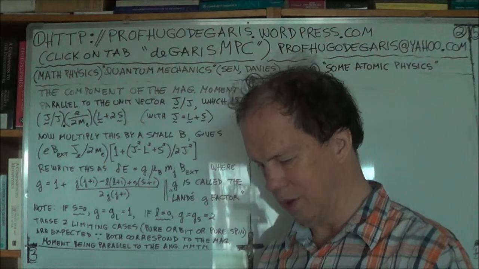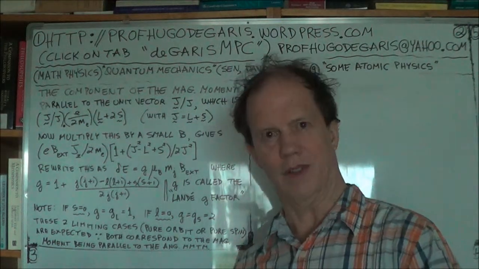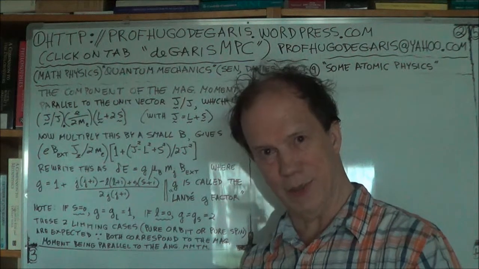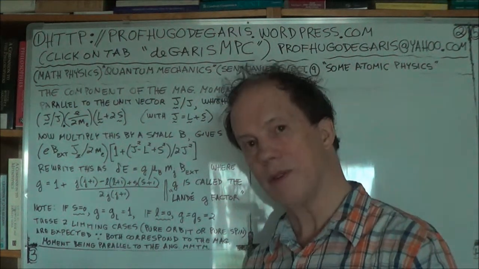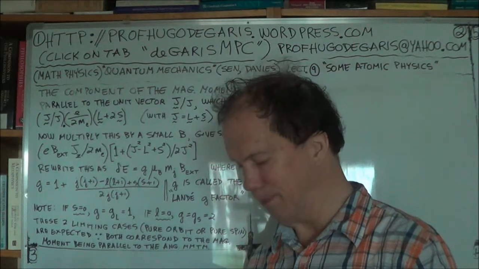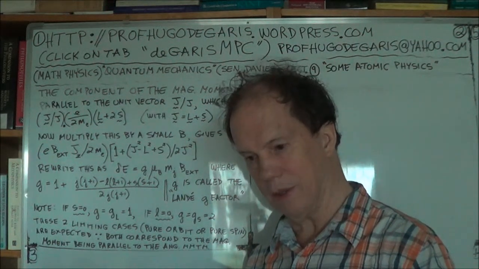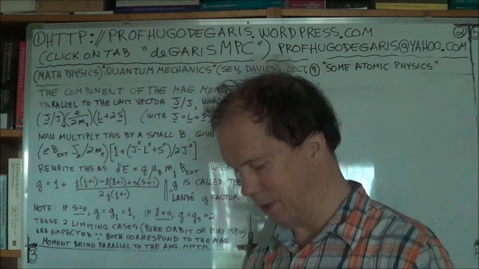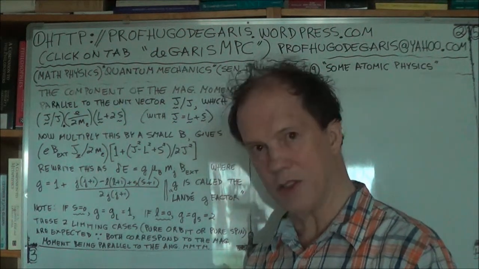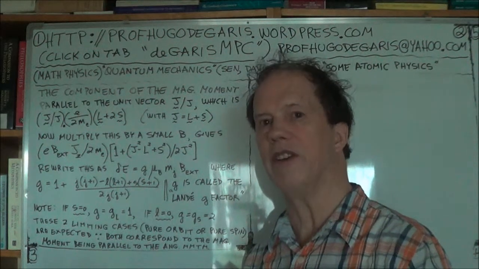And you may ask, what on earth are knots doing in deGarisMPC? Well, I will take them right through. Actually, they're very important. Knots are a branch of topology, and they have very interesting topologically invariant properties.